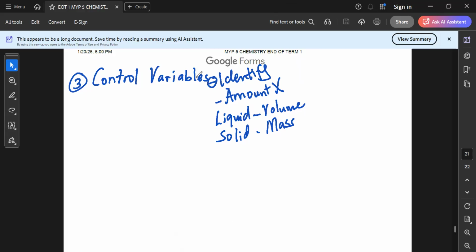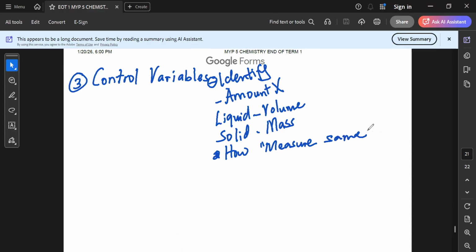You keep them constant. That's a part of identifying. After identifying, they may ask you to describe how you really keep them constant. How part? So if it is a volume, how do you keep volume constant? By saying you will measure the same volume. That's good.